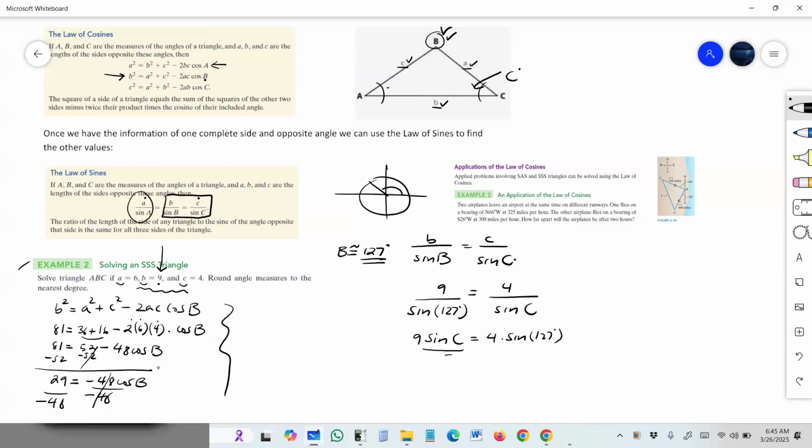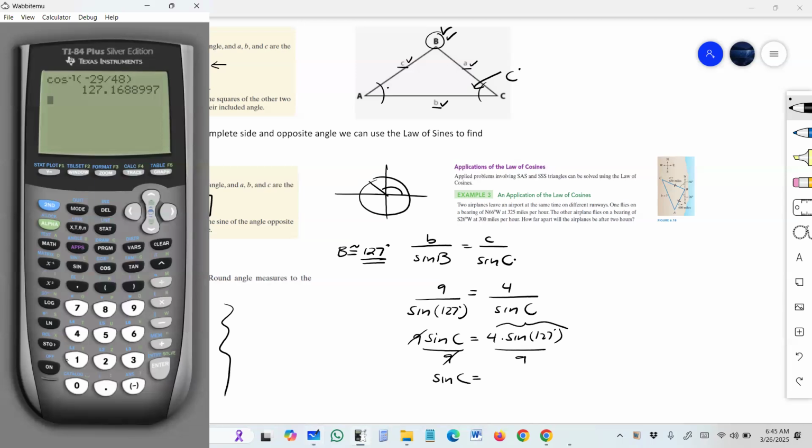Divide both sides by 9. Now I have that sine of C is this, which I need to evaluate with the calculator. So I'm going to do 4 times sine of 127 divided by 9.